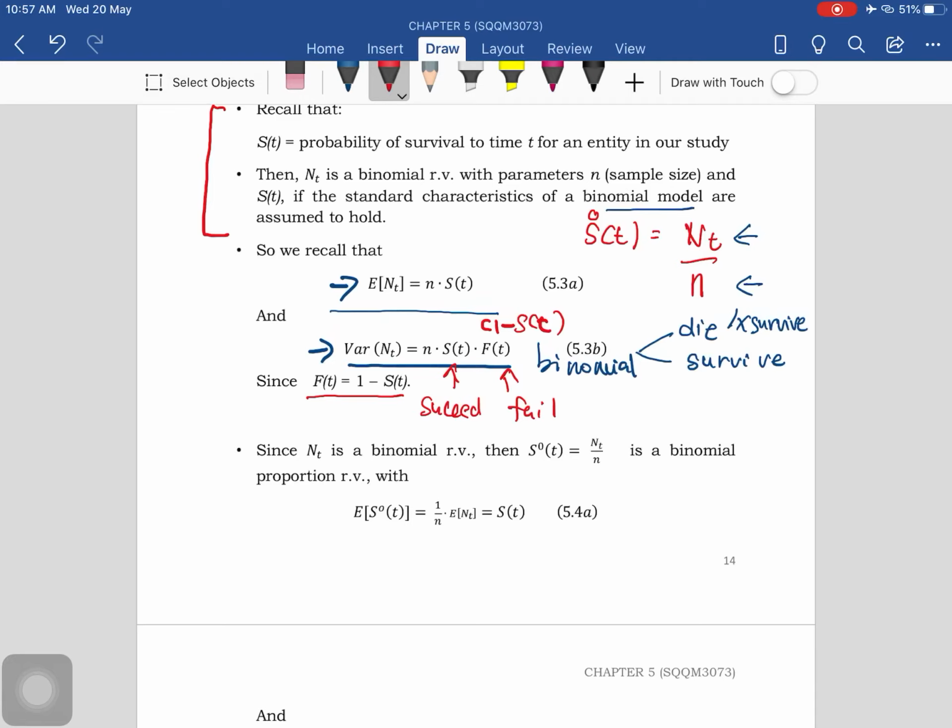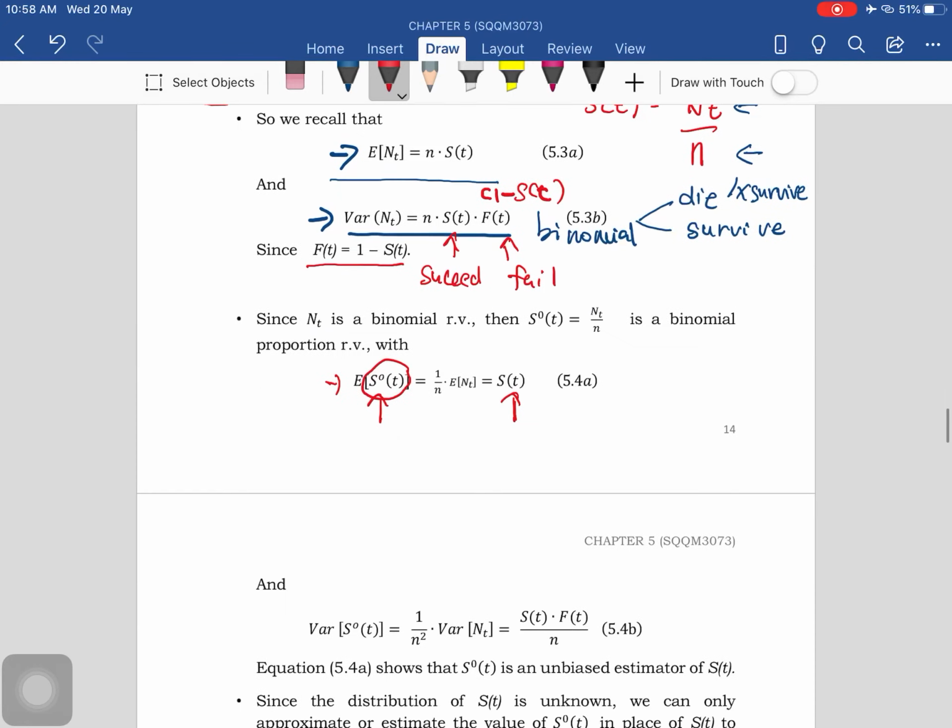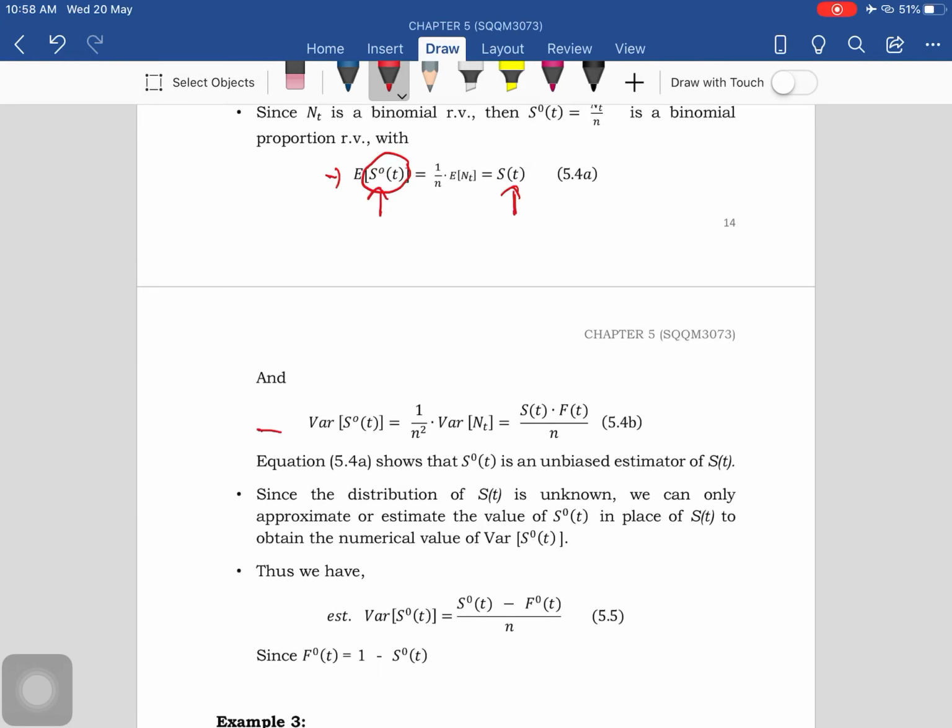Since our S_hat(t) follows the binomial distribution, when we find the expected value of the estimator of S(t), we get S(t) back. S_hat(t) is the estimator, right? So the expected value of the estimator gives us S(t). And then the variance of S_hat(t) also follows the binomial distribution, and finally we get succeed times fail over n.